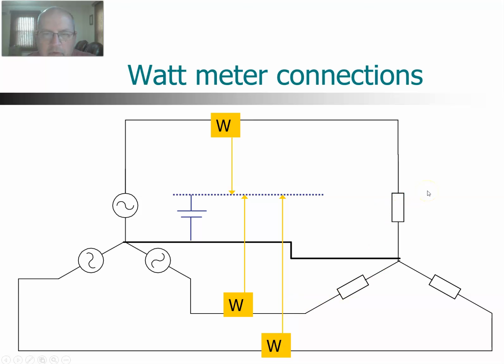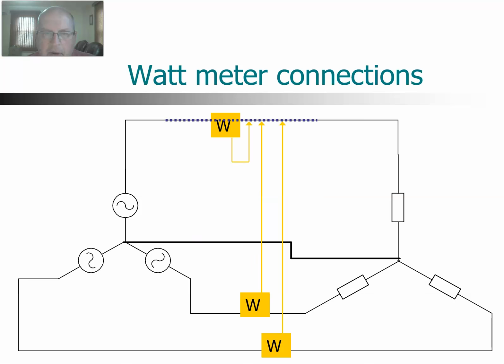And I'm not going to prove it, but it turns out that the amount that these 2 read higher is equal to the amount that this reads lower. So the sum of all 3 of these remains the same, even though we shifted this voltage reference. Nothing really changes there, at least in terms of the sum of the 3 meters. So we're still going to get total power.